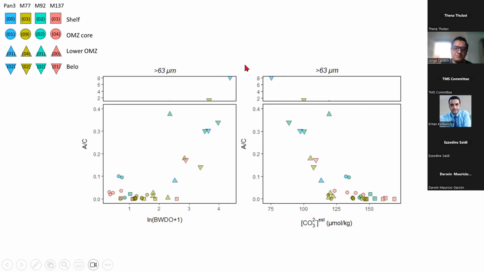And this point is only 1 sample, but it gives us the interpretation that maybe during this cruise in 1997 there was again another ventilation of the area, but it was happening below the OMC.